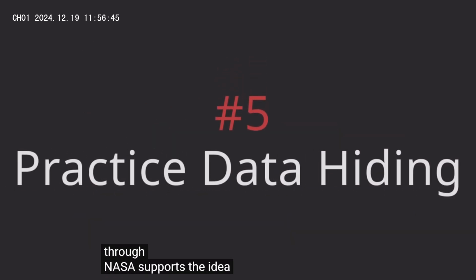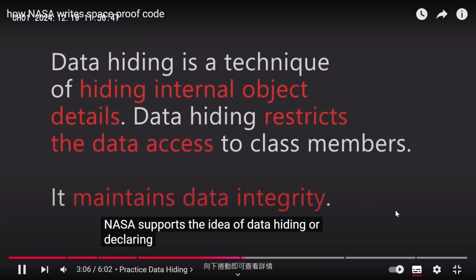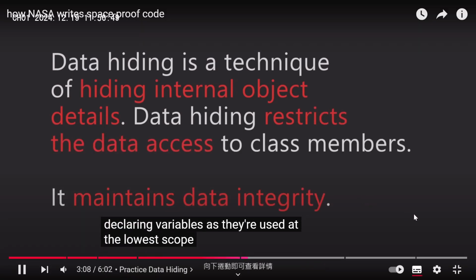NASA supports the idea of data hiding, or declaring variables as they're used at the lowest scope possible. Again, all these rules are centered on writing safe code and code that is statically testable.